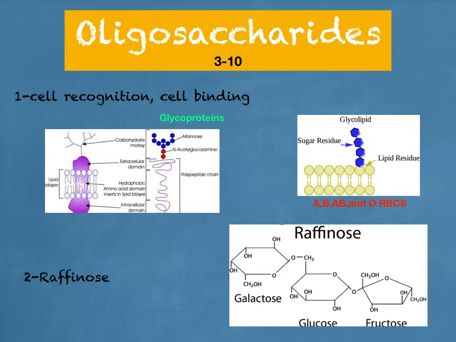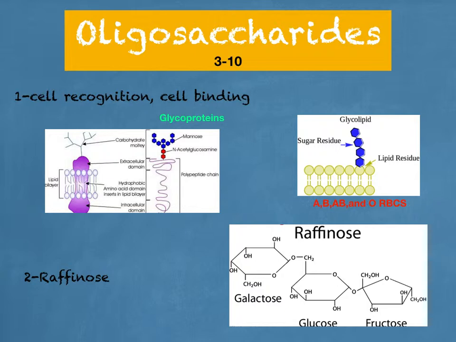This is very obvious in the case of ABO blood grouping. The glycolipid is the key structure which differentiates between red blood cell groups A, B, AB, or O. Glycoprotein is also very important to identify cells or to bind these cells with something else.